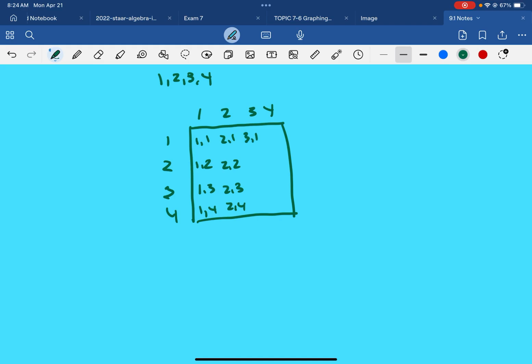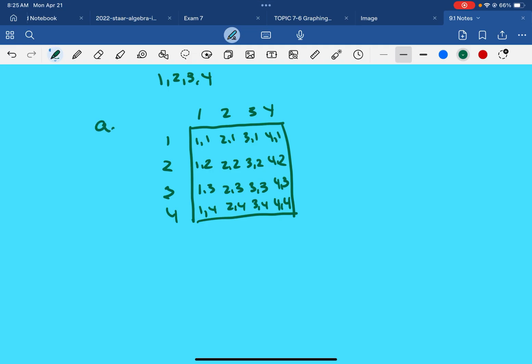This is definitely the easiest way to write what the sample space is. Those are all possibilities for rolling 2 dice. So that's the answer to A.